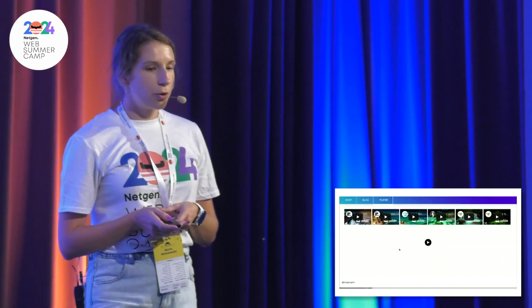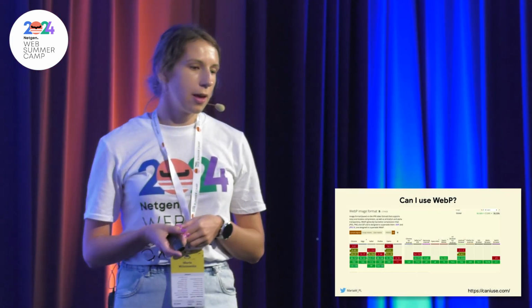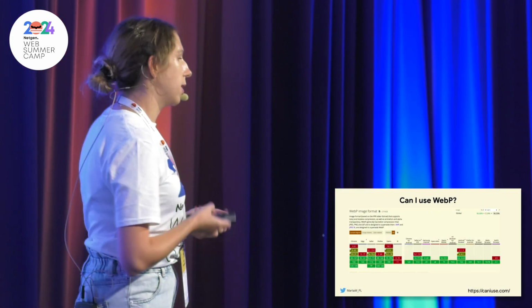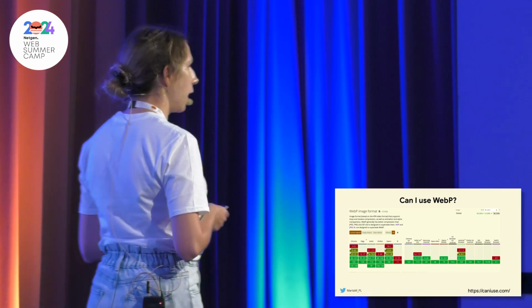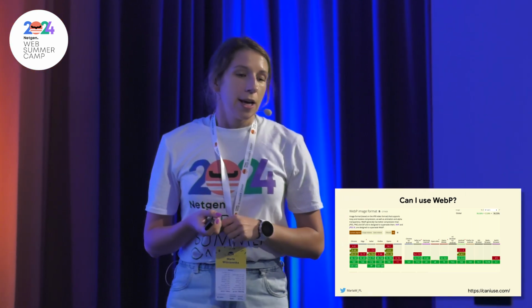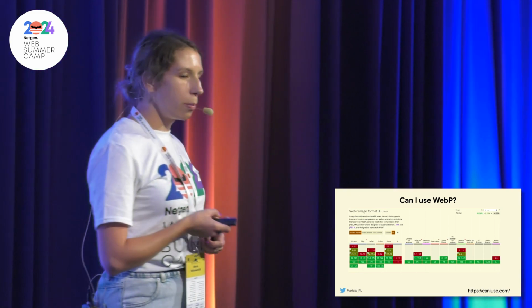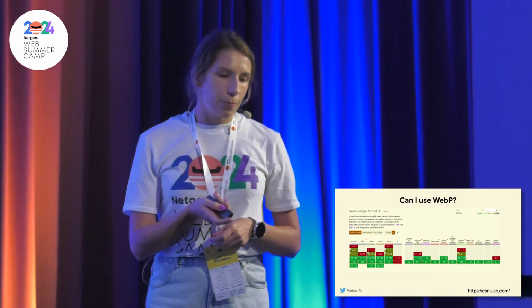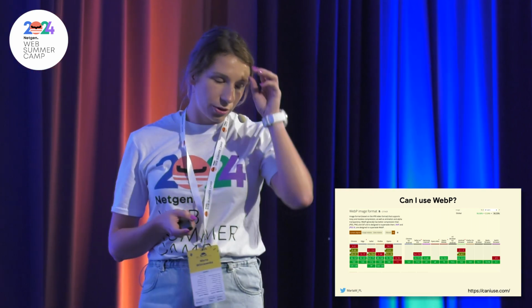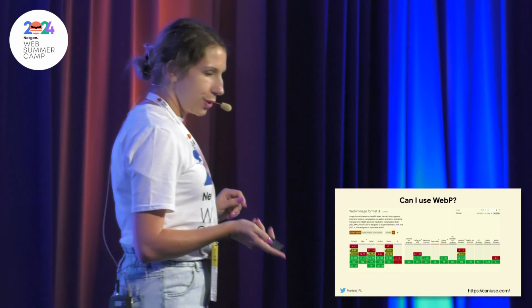But the problem was that, okay, it was PNG, but it's not the best format for performance. So I decided to convert this image to WebP. And let's check the browser support. WebP is also very well supported by the other browsers, so let's use it.